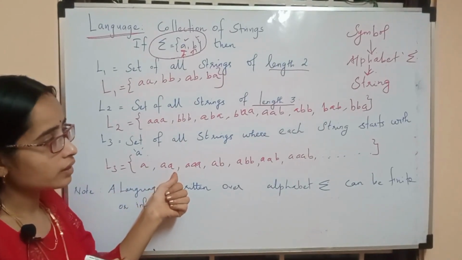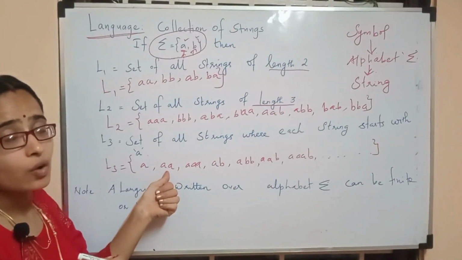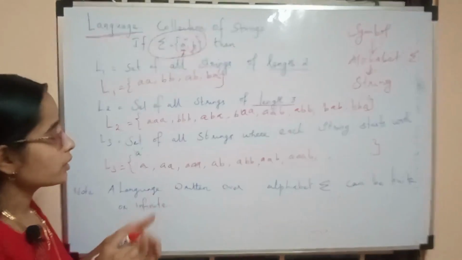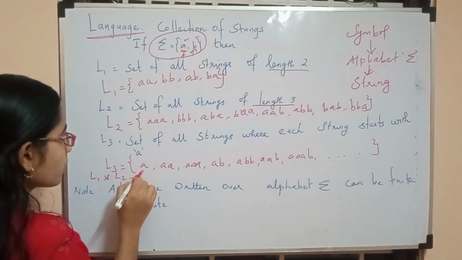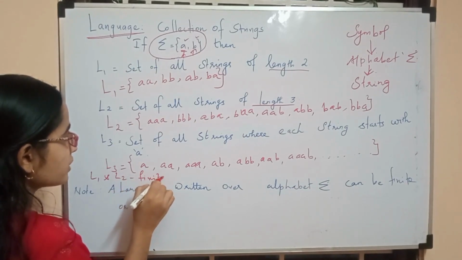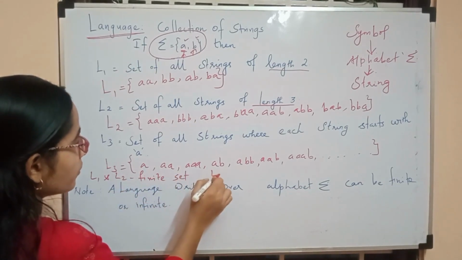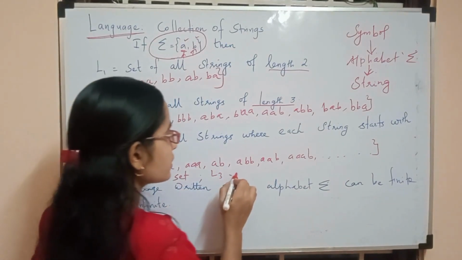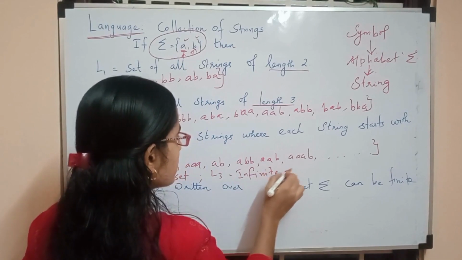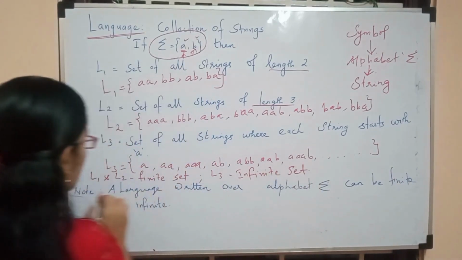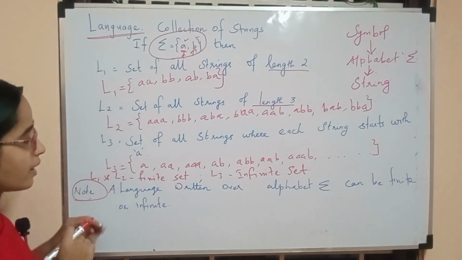For L3 we cannot define the count, because it is infinite. So L1 and L2 are finite sets, but L3 is an infinite set.